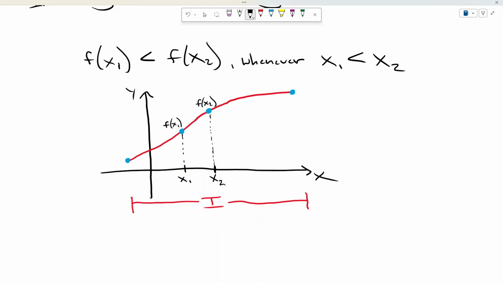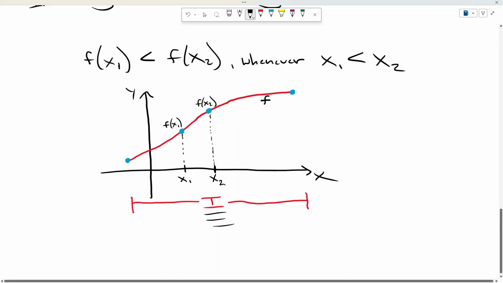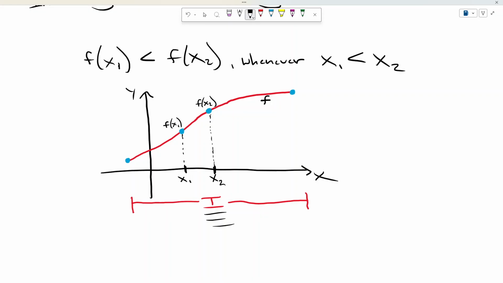So again, we're saying f, which is this function here that's graphed, f is increasing on an interval I if x1 is less than x2, which it is, and then f of x1 is less than f of x2. So we would say that this function is increasing.